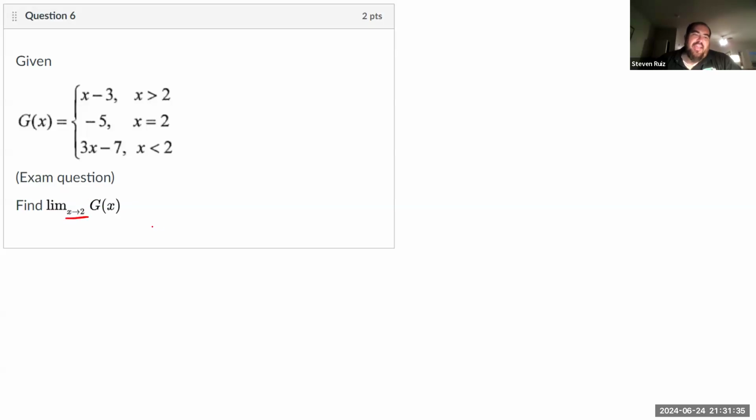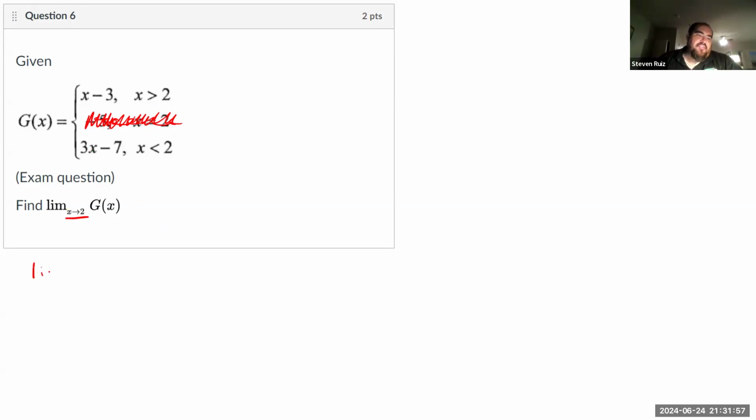I don't care what's happening at x equals 2, only nearby. So because of that, I'm going to scratch this out because this information is completely irrelevant. I don't care if x is defined at 2. I don't care what value it has. If I want to think about this limit, all I really care about is what's happening near 2.